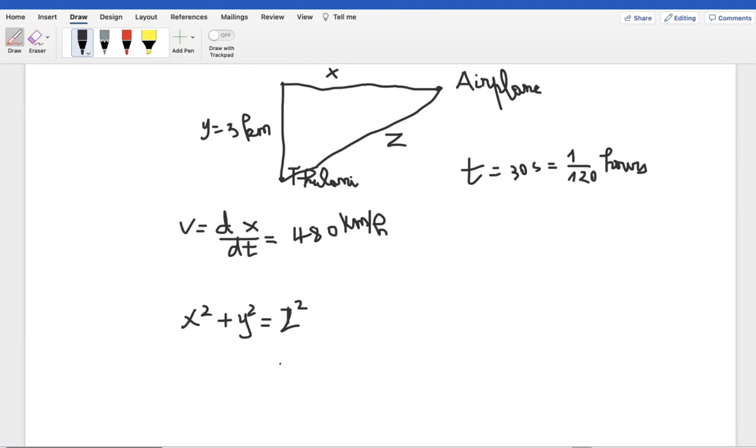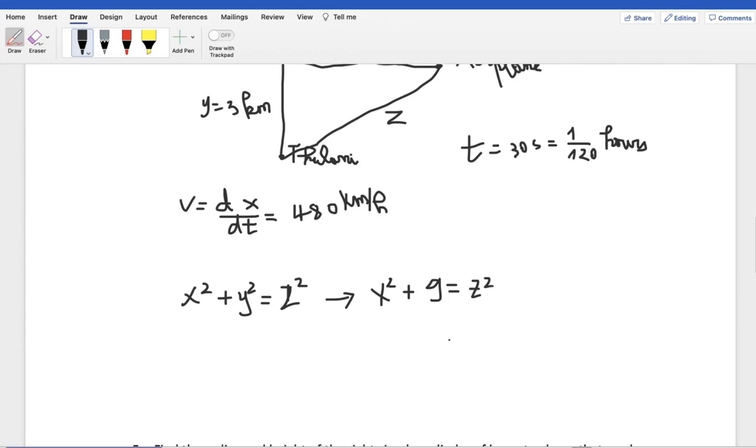And we are already given the vertical distance between Tulani and the airplane, which is 3 kilometers. So since we're given that already, it just means that we have now x squared plus 3 squared, which is 9, equal to z squared, right?